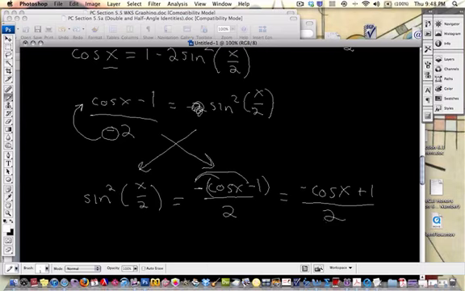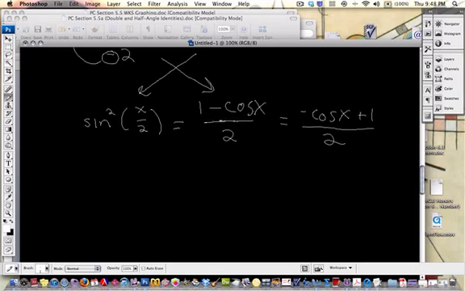Okay, which I'm actually going to write. I'm going to erase what we've got here, and I'm going to write negative cosine x plus 1. I'm just going to write that as 1 minus cosine x, just because that looks a little nicer. And I'm almost there. I've got sine squared x over 2, but I just want sine of x over 2.